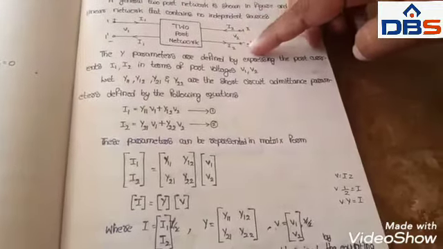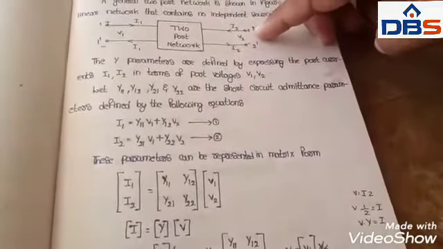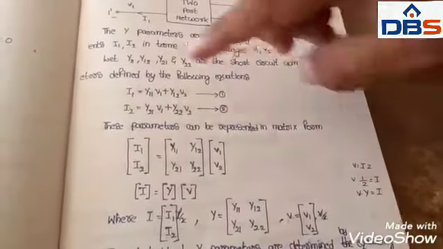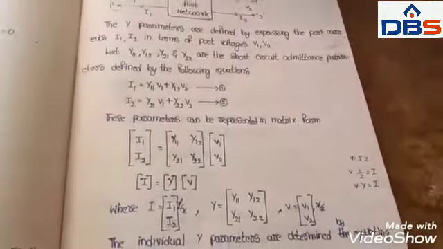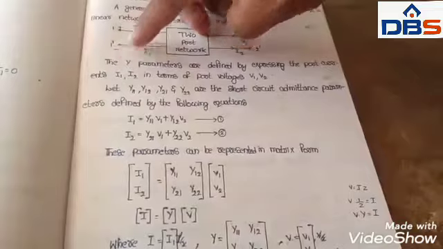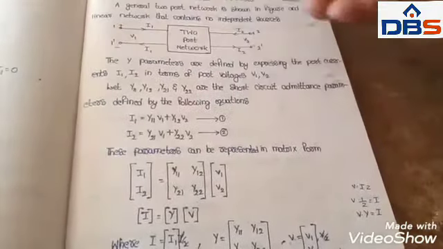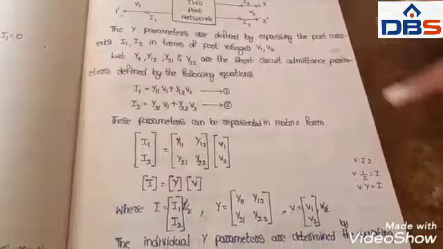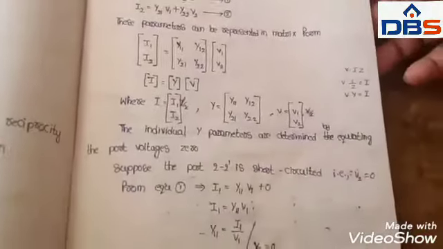2 dash short circuited is nothing but putting V2 equal to 0 in these two equations. We find two parameters, Y11 and Y21. If 1 dash is short circuited, put V1 equal to 0, and we again derive Y12 and Y22 individually. Like that we determine the individual short circuit parameters Y11, Y12, Y21, Y22.